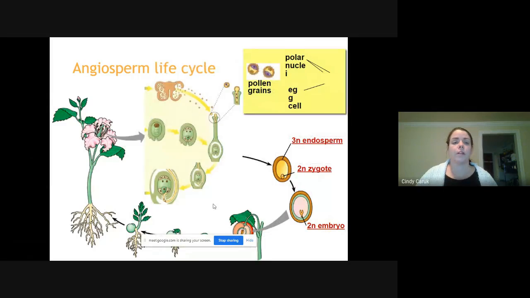Okay, so angiosperm life cycle, we have the most of it being sporophyte. The petals here, the leaves, the stems, the root, that's all sporophyte. The gametophyte generation is going to be for a female, it's this embryo sac here, and the male is going to be the pollen.